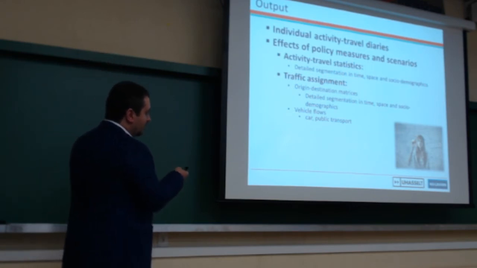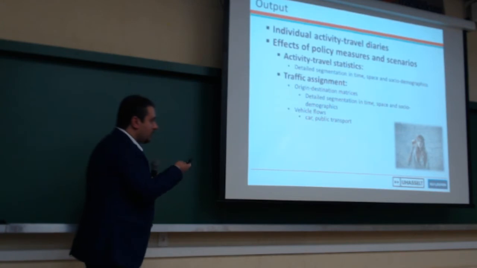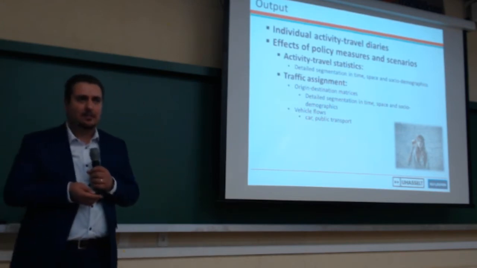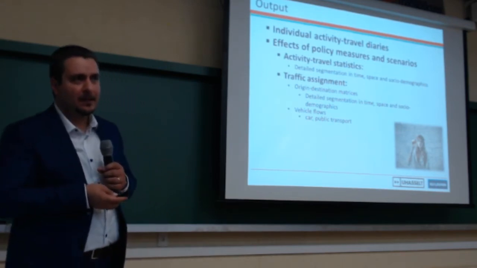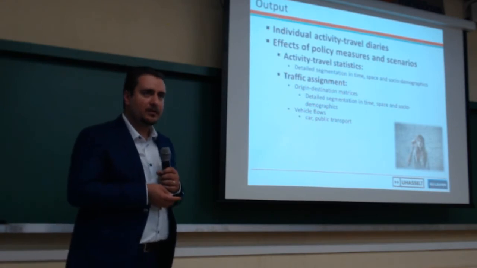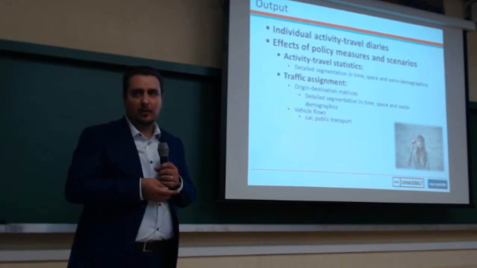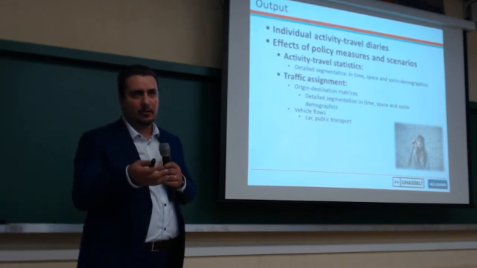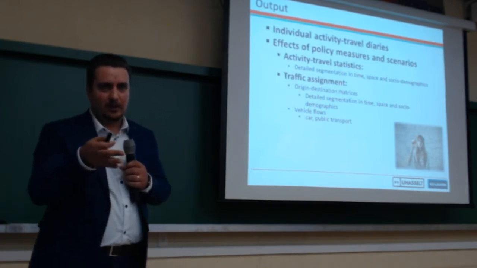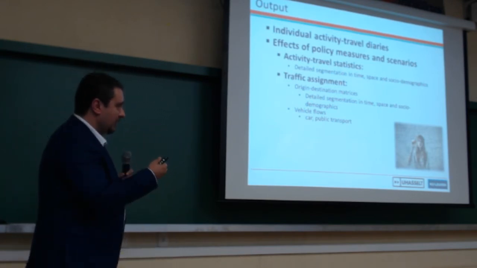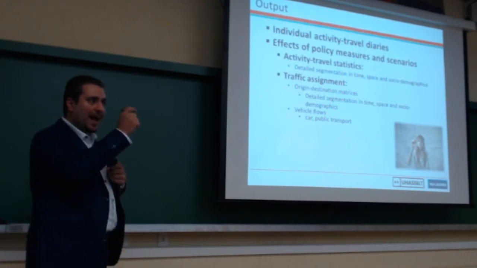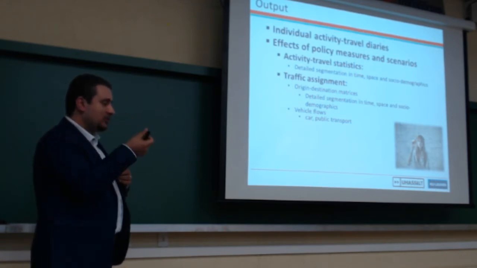We can also have some traffic flows. For public transportation, that's maybe less interesting, because with public transportation we do not have the opportunity to influence that a lot. And it's also very difficult to create or alter public transportation.